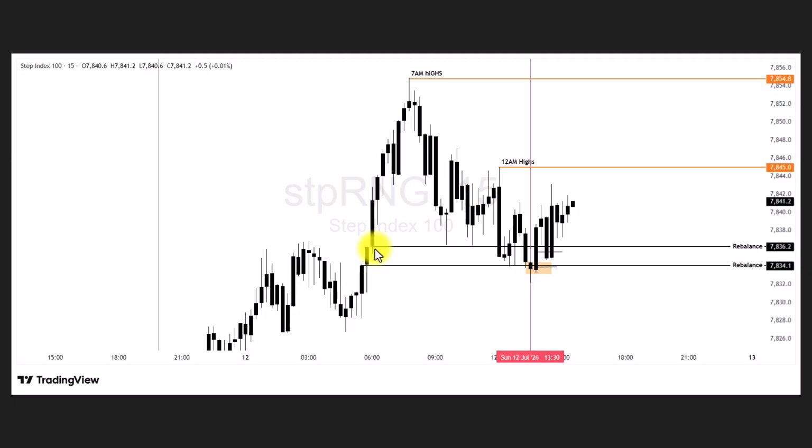Now, of course, there is a lower time frame, like the 1 minute time frame. We can zoom in inside of the 1 minute time frame between the 6 a.m. and 7 a.m. And we would want to see the first presented fair value gap of New York, which starts at 7 to 7:30. That's where you would look for that particular fair value gap.